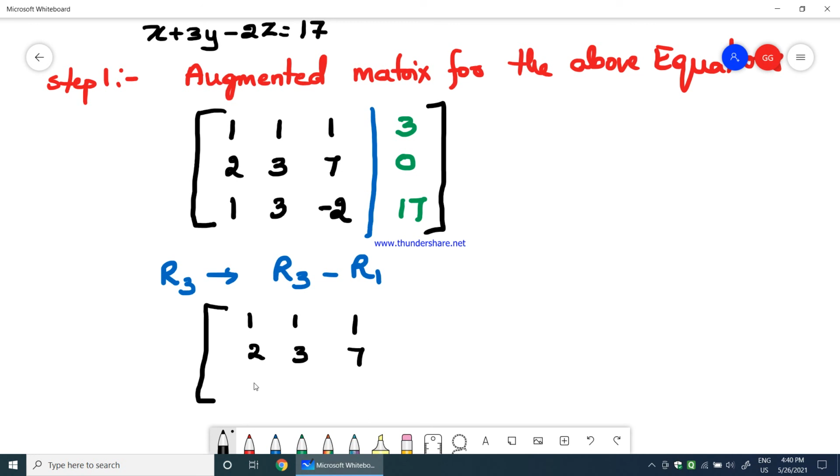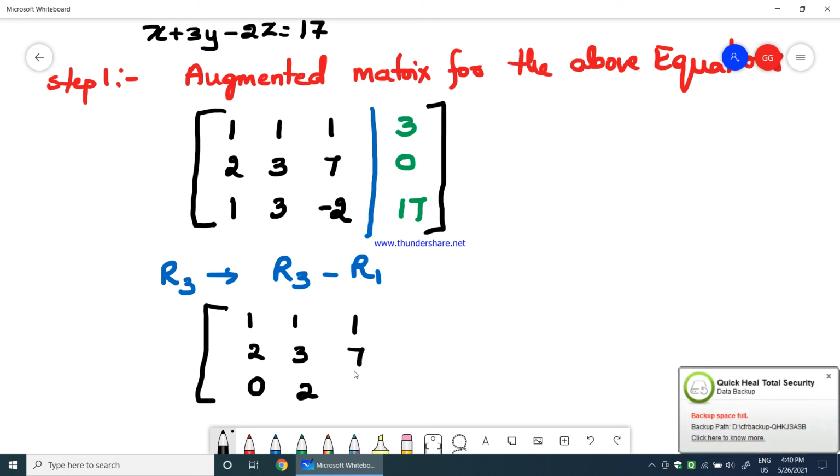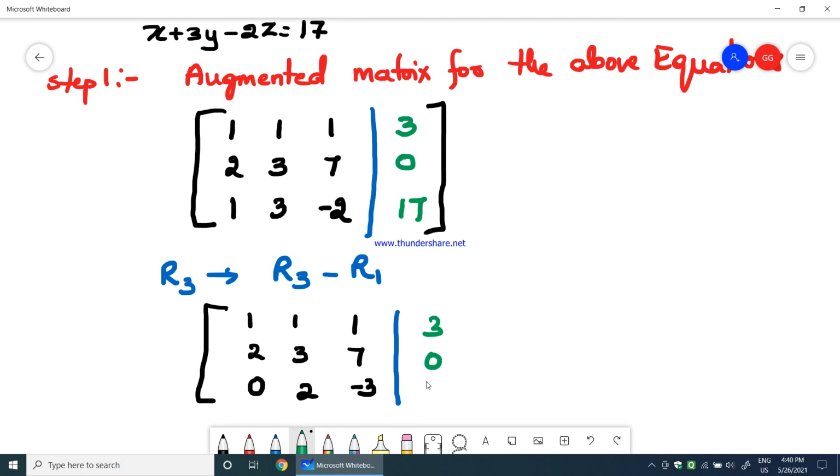Then 1 minus 1 is 0, 3 minus 1 is 2, and minus 2 minus 1 is minus 3. Similarly for the right hand side: it's 3, 0, and 17 minus 3, which would be 14. So this is the first matrix we have got by applying the first row operation.